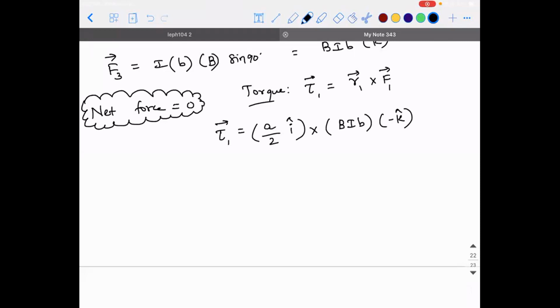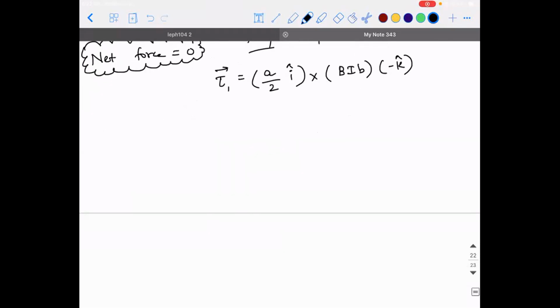So A by 2 times i cap cross B into I into B into minus k. So torque is equal to BIAB the whole divided by 2 into i cap cross minus k cap. Tell me what is i cross k?